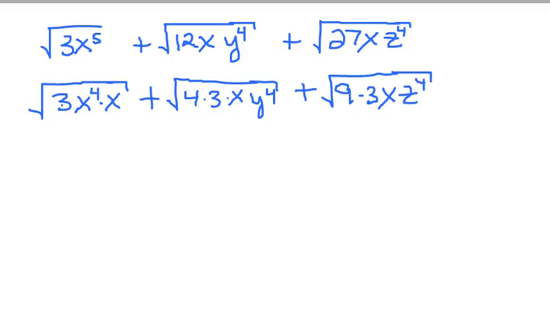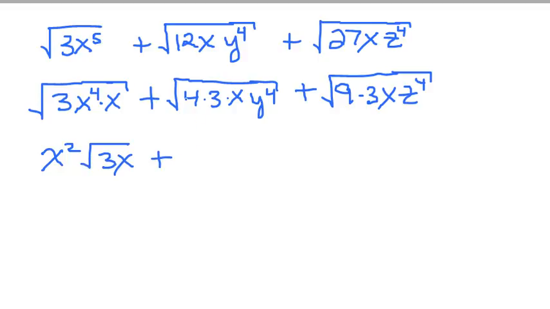Okay. So we have the square root of 3 times the square root of x to the 4th. We can't do anything with the 3, but the square root of x to the 4th is going to be x squared. I think that's about all we can do there.